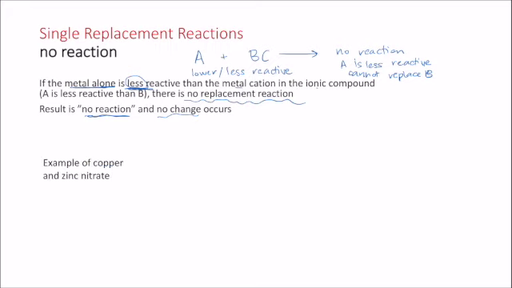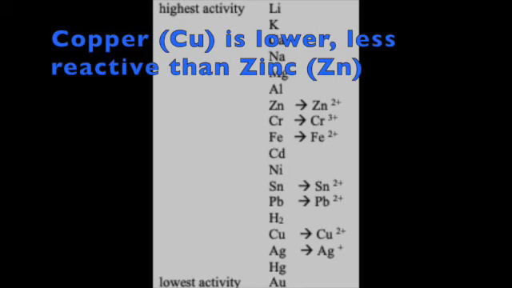So the example of copper and zinc nitrate: if you have copper and the compound ZnNO3, this copper is less reactive, and this will not replace the zinc.